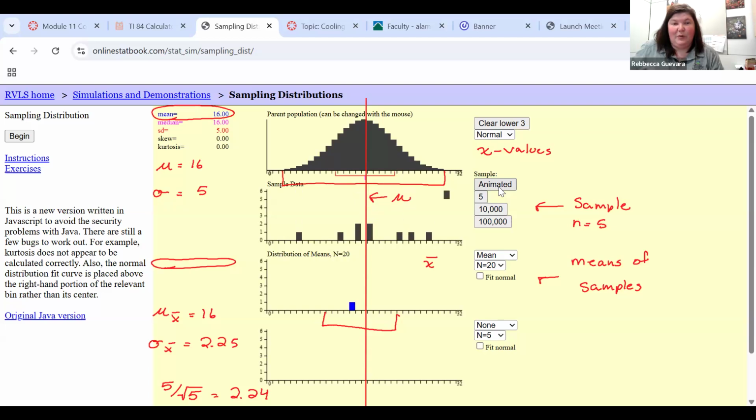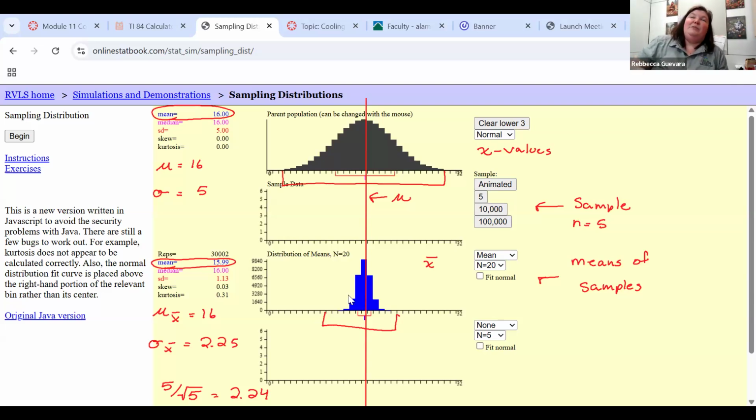More data points are going to be towards the center of the distribution because there's a lot more probability of that. If I collect several samples, what we see here is that my standard deviation is smaller, because when I have larger samples, we expect less variation. So larger samples, less variation.